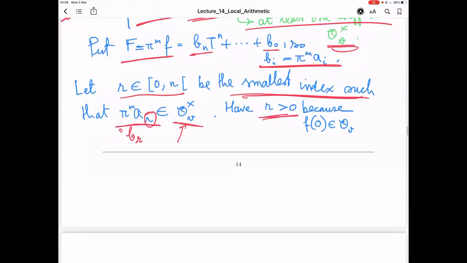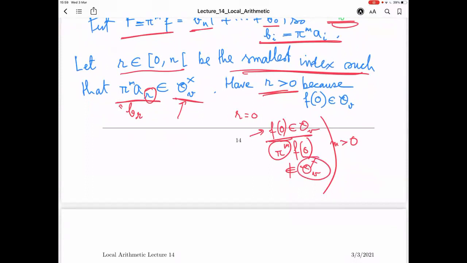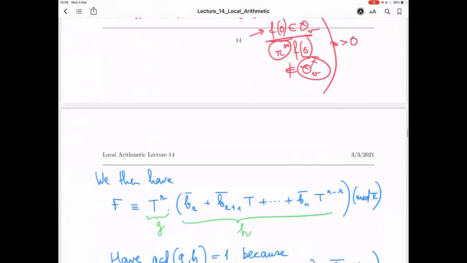So this r cannot be 0, because a0 is already in OV, and I multiply it by pi to the m for some m strictly positive, then this cannot be in OV star. At best, a0 is itself in OV star, but then when I multiply it by some power of pi, it will fail to be in OV star. So this r has to be strictly positive because a0 is in OV.